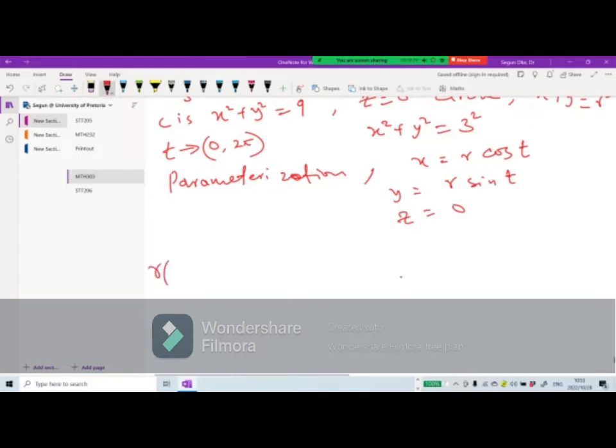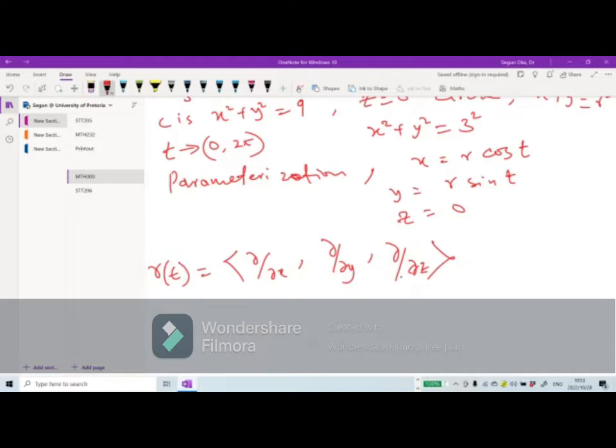I will now have r of t to be the same as x, y, z. So now I can substitute the r there.